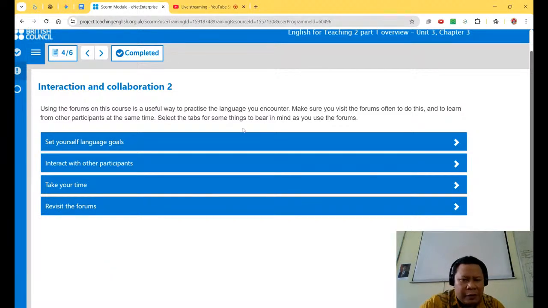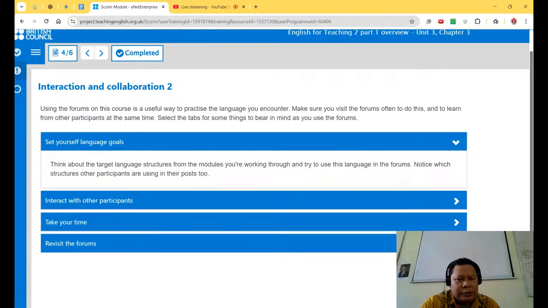Select the text for something to bear in mind as you use the forum. Set yourself language goals. Think about the target language structures from the modules you're working through and try to use this language in the forums. Notice which structures other participants are using in their posts too.